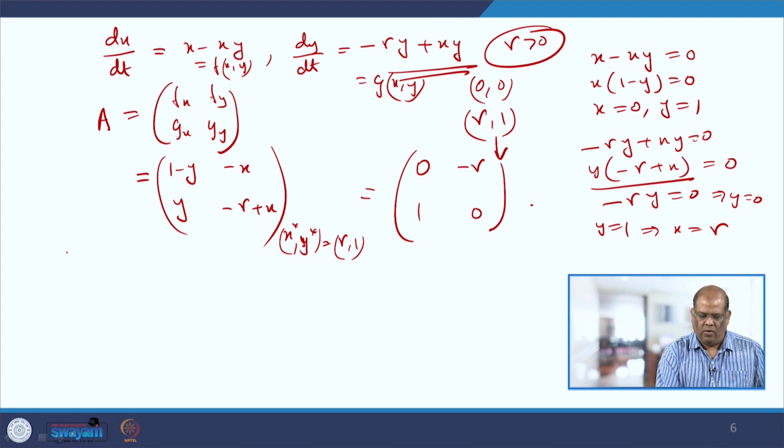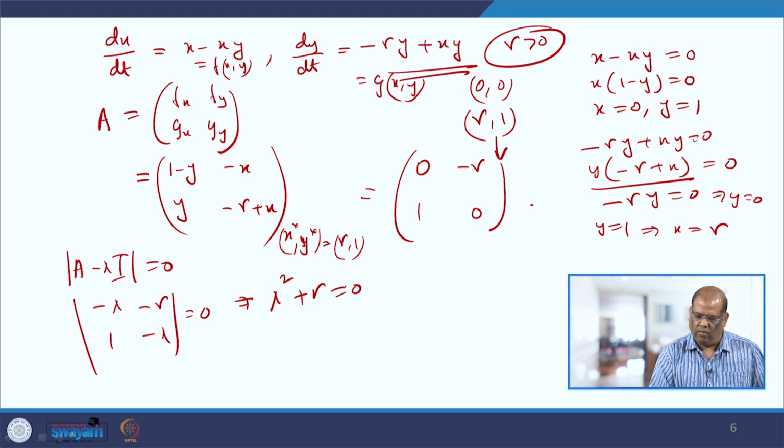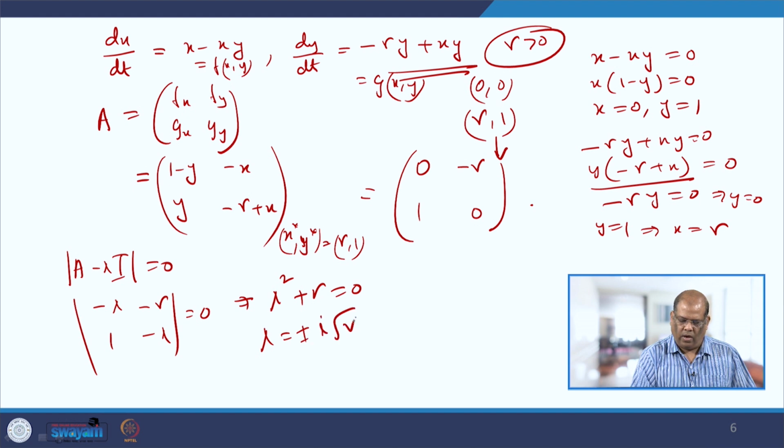So, the eigenvalues can be calculated from this characteristic equation, which is minus lambda times minus lambda minus gamma times 1 equal to 0. So, this implies lambda squared plus gamma equal to 0 and lambda equal to plus minus i root gamma.